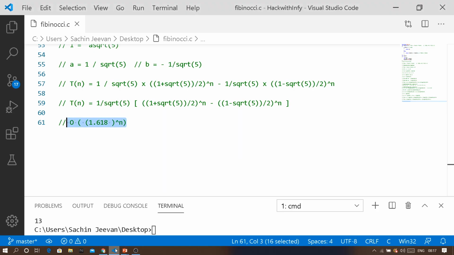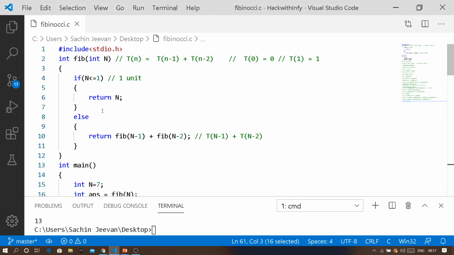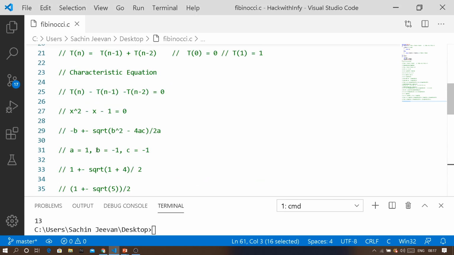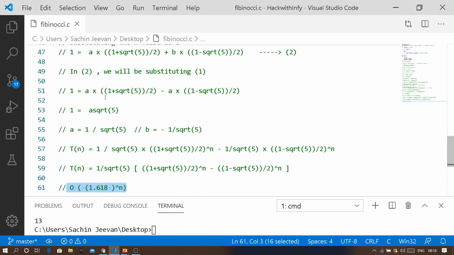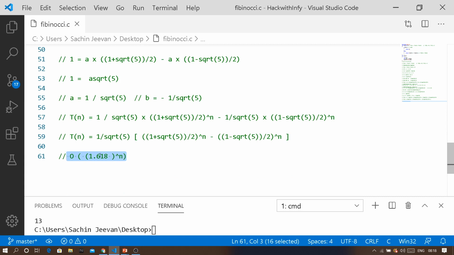Then we wrote an implementation, and this implementation was working fine, so we introduced you to the recurrence relation format. This type of recurrence relation, I have already taught you how to solve in the solving recurrence relation video. It is found that order of 1.618 the whole power n is the time complexity, which is approximately order of 2 power n, whereas we already know that order of 2 power n is the worst kind of time complexity.